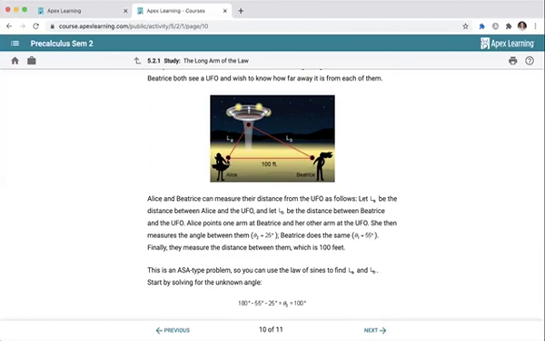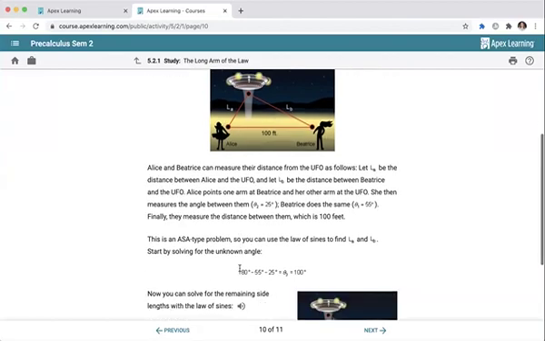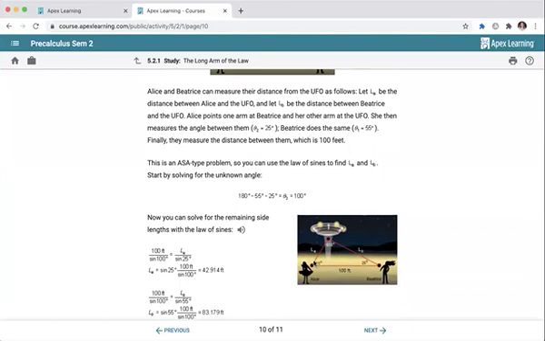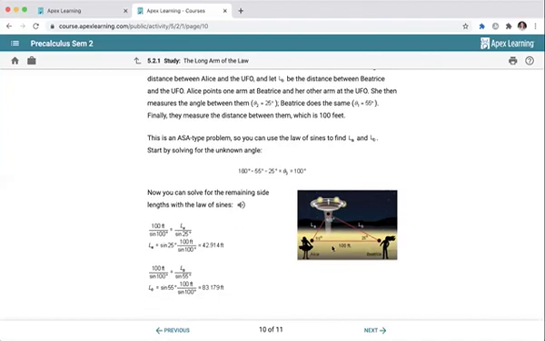So this would be an angle, side, angle triangle. Using this, we can figure out our third angle, and then of course the goal is to figure out the distance between the two people.